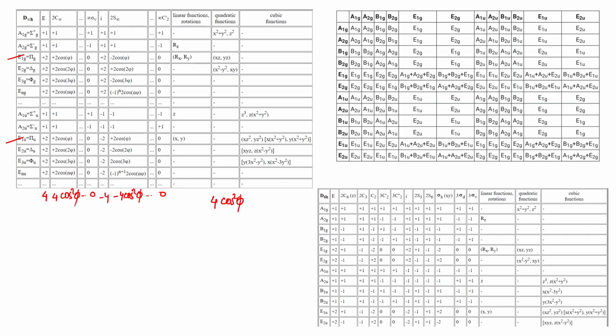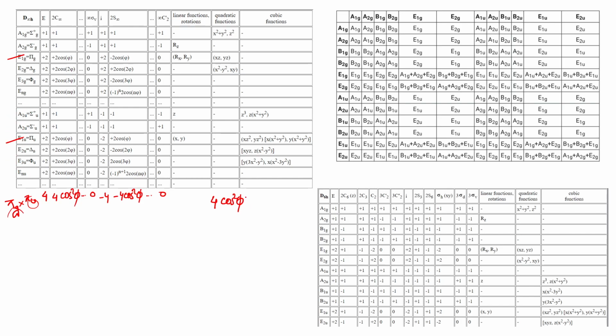And one thing, you are multiplying pi g into pi u. So ultimately, whatever you are going to get, it will be u symmetric, right? Means anti-symmetric with respect to inversion. So you can't use the formula here because the number of operations, or the order, is infinite.